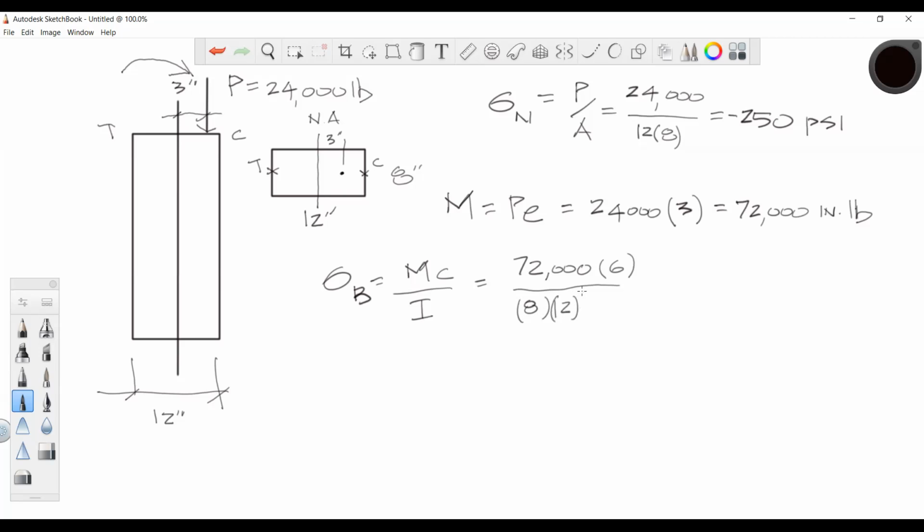You see how you could confuse that really easily? You have to be really careful. So that's 1/12 the base times the height cubed, and that will give us our bending stress.